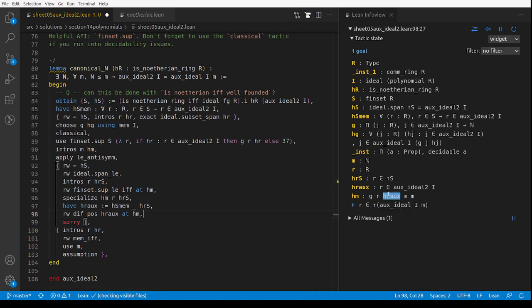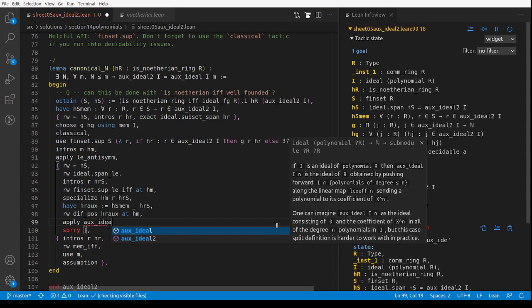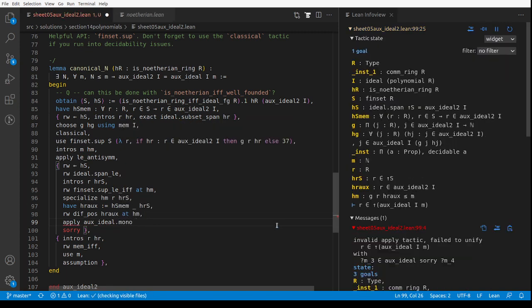The idea is that because this is true, HG will tell us that R is in Ideal I, this guy here, and then we can use monotonicity to get this thing here. So we could apply, we could do it backwards, Ideal.mono, and then feed it the inequality.